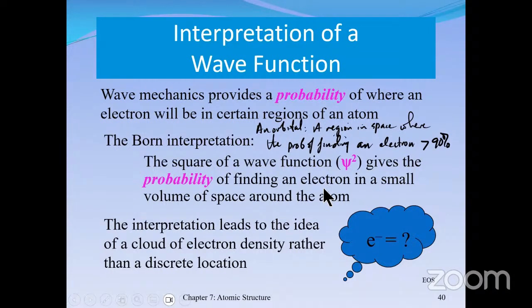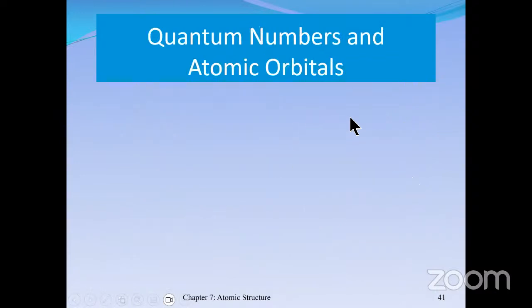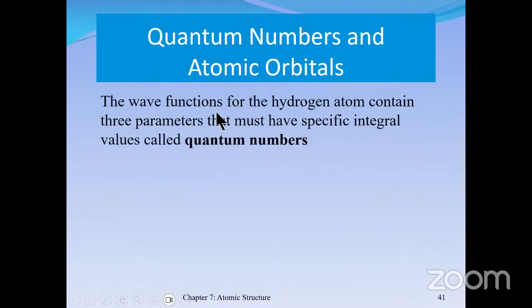Therefore, we cannot talk about electrons lying within orbits. Instead, we say that electrons exist in a region of space where the probability of finding them is 90%. Okay, so at this juncture, we're going to talk about what is known as quantum numbers and atomic orbitals.